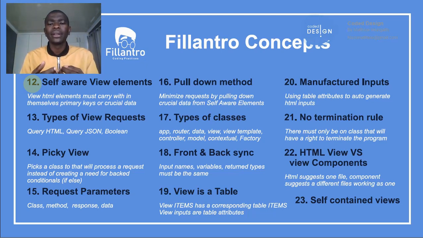So the view template is a class, it's not a view, but it's very close to a view. It just rearranges and populates certain sections of a view so that it makes it easier for the view to be manipulated. If you want to change the header from being at the top to being at the bottom, you will use a template to do that. So that's also another type of class.